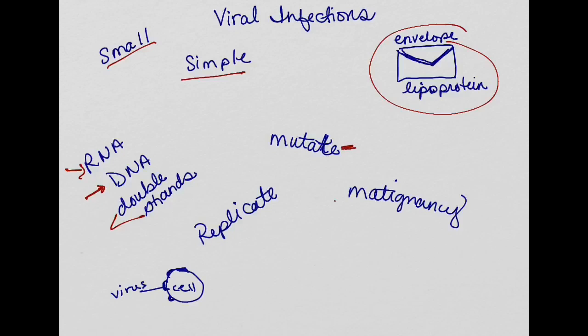They can also cause malignancy within the cell. And they replicate. They attach to the receptors on the host cell, which I made a little cell down here, and enter the cell. A virus attaches to the cell first, then penetrates, releases its nucleic acid, and then replicates. Then they start assembling and releasing new viruses out into the system.